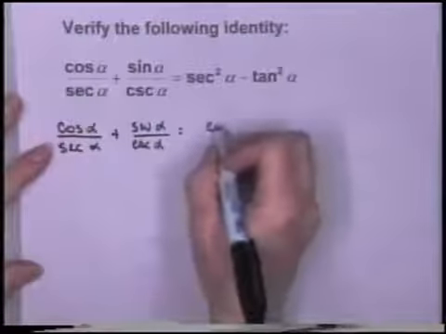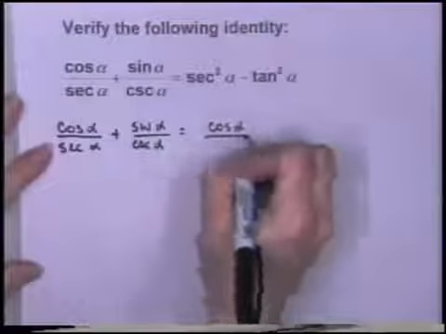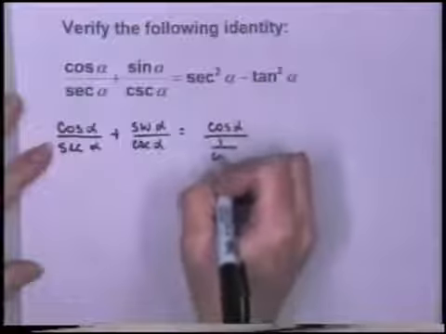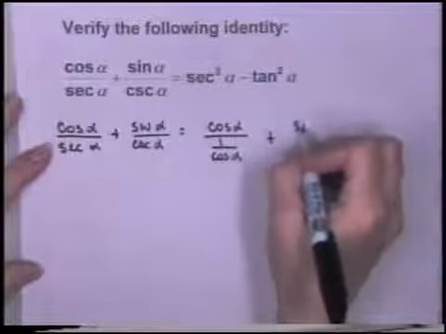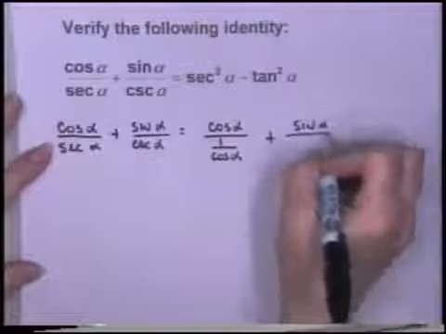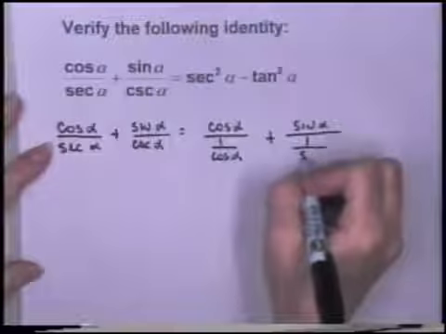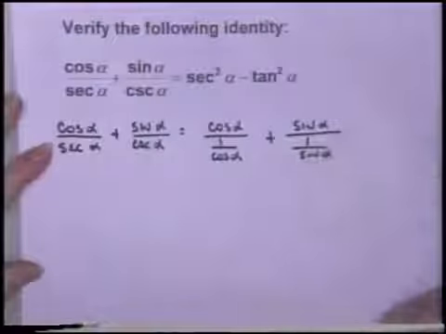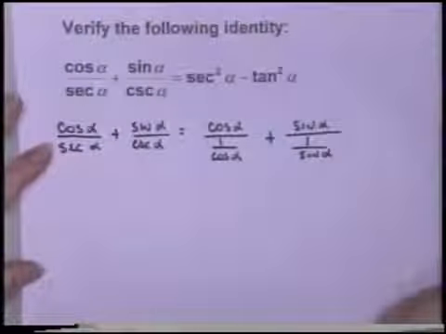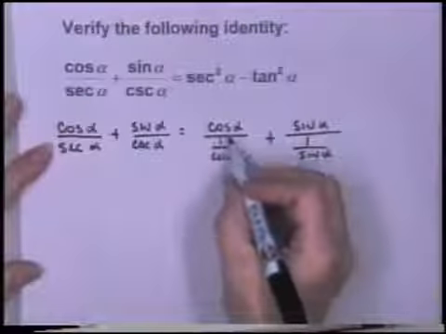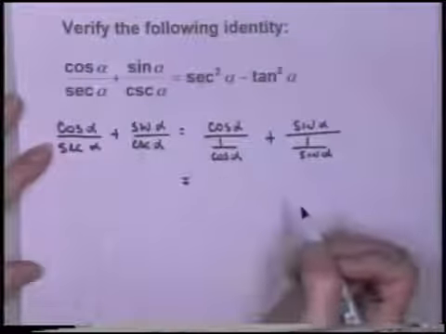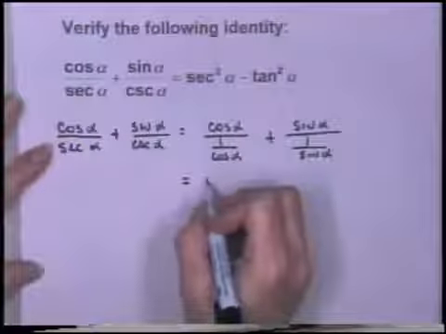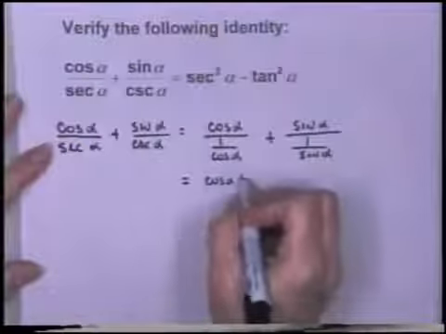Let's see. I think what I'm going to do here is change this secant that I have down here to 1 over cosine. And then I've got sine alpha, and this cosecant is 1 over sine alpha. Now, cosine divided by 1 over cosine, you're going to flip and multiply, aren't you? Can you see what's going to happen there?